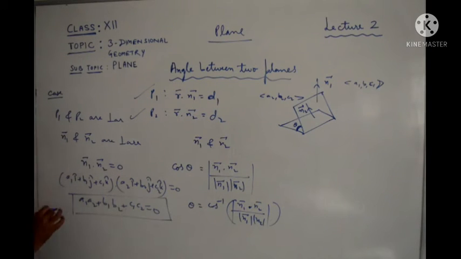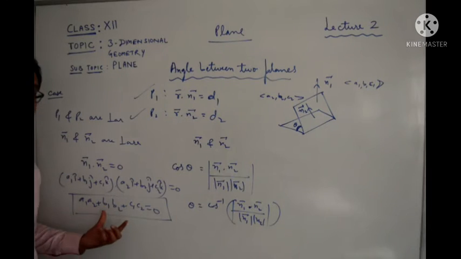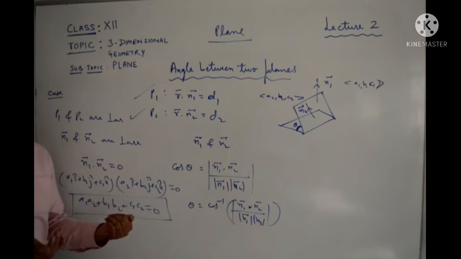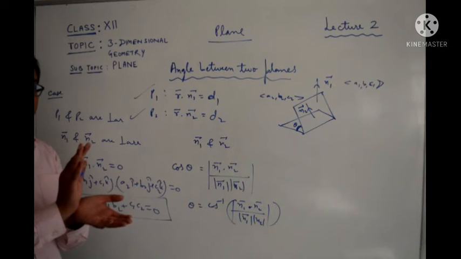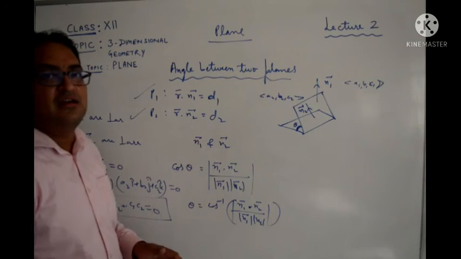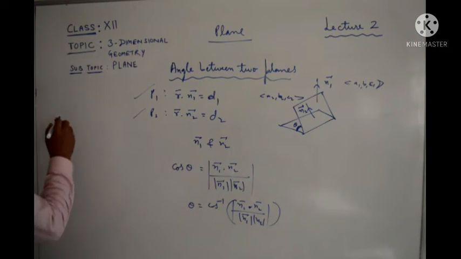A very important condition for two planes to be perpendicular. If this is equal to 0, we can say that the two planes are perpendicular, and also if two planes are perpendicular, this will be equal to 0. So you have to memorize this, a very important condition for perpendicularity of two planes. Now case 2.